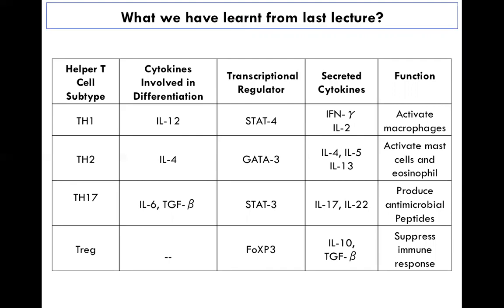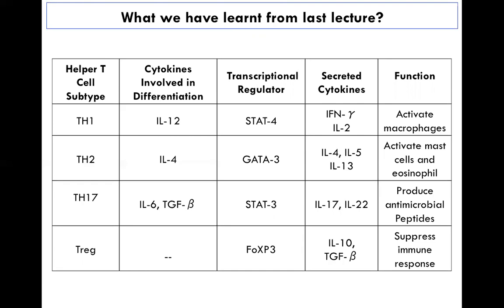We also discussed their main transcriptional regulators. In the case of Th1, they activate STAT4. In the case of Th2, there was GATA3. In the case of Th17, we discussed STAT3, and for T regulatory cells, the master transcription regulator was FOXP3. Then these cytokines differentiate the helper T cells into different subsets, and they activate their master transcriptional regulators.